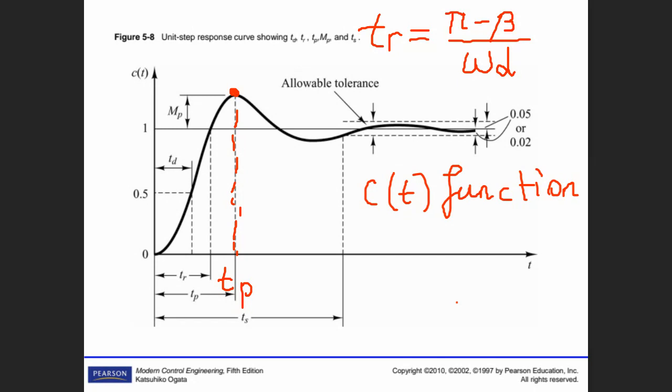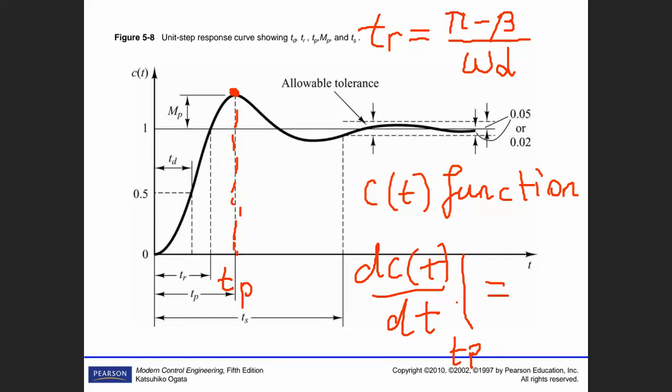So if you write dc(t)/dt at t_p equal to 0, you obtain t_p.